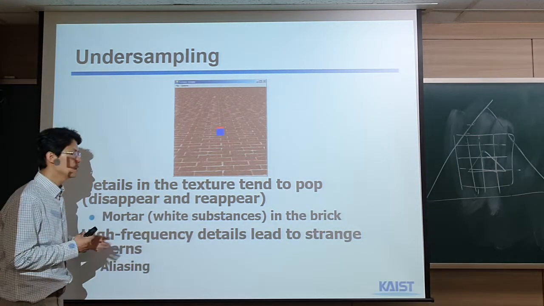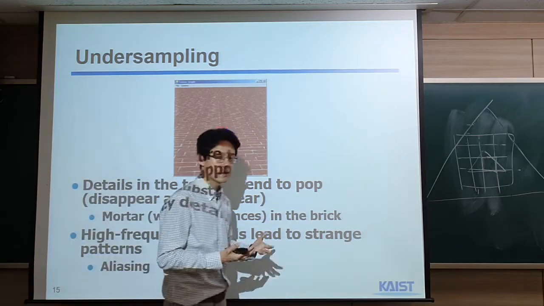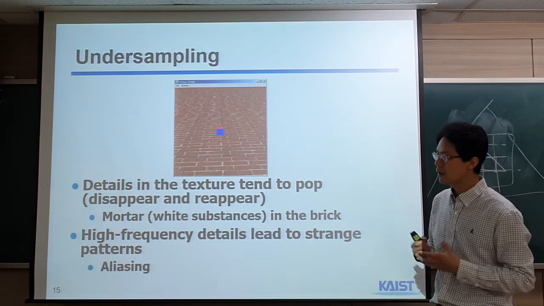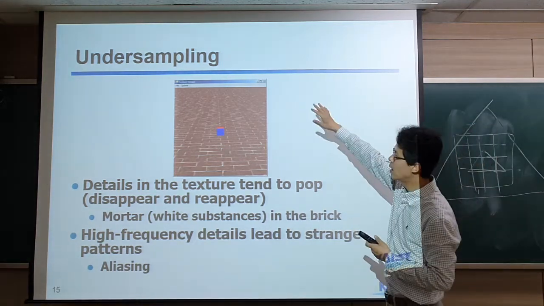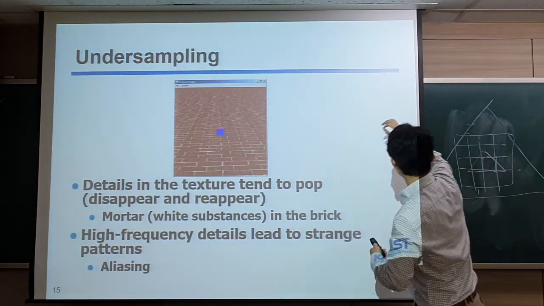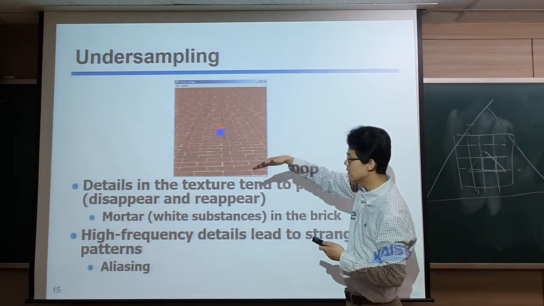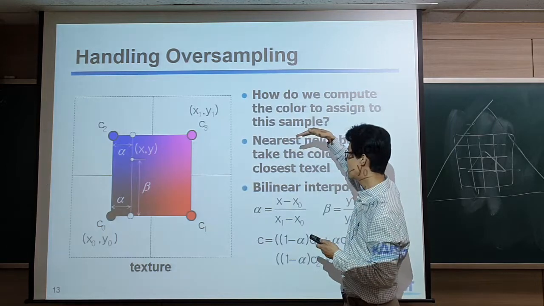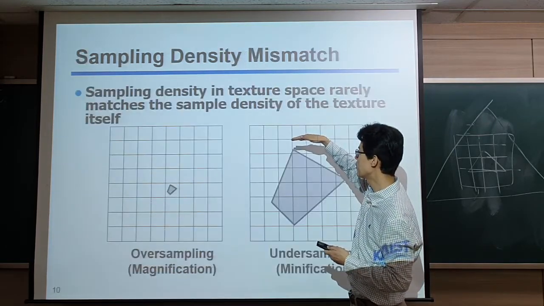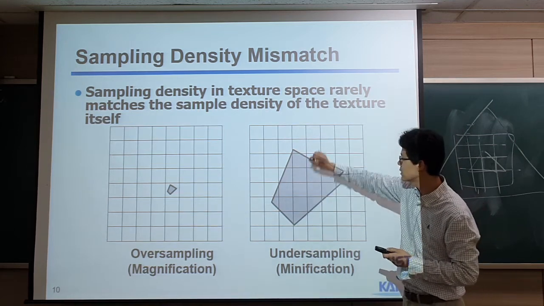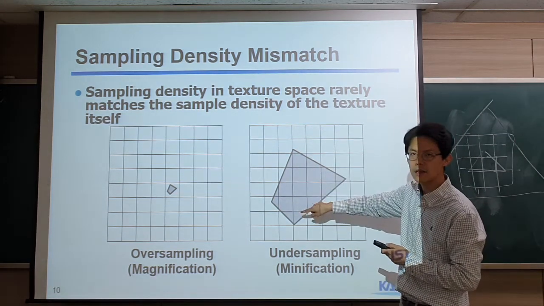This issue is related to some of the signal processing theory, but I'm not going to talk about all that kind of theory. But when you're rasterizing this triangle, even though there is a lot of information, somehow we choose a particular texture color here.